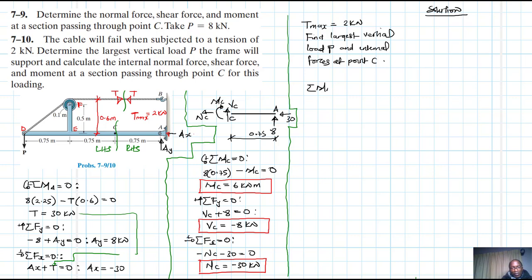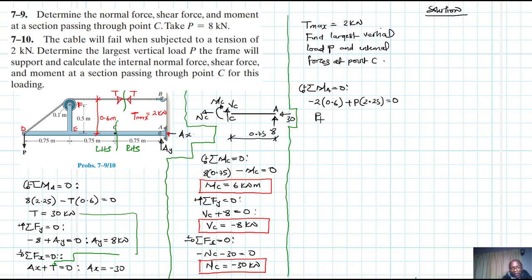Summation of moments about point A equal to 0, with clockwise being our reference. So we have T giving us a clockwise moment, which is 2 times 0.6, and then plus P times 2.25 equal to 0.